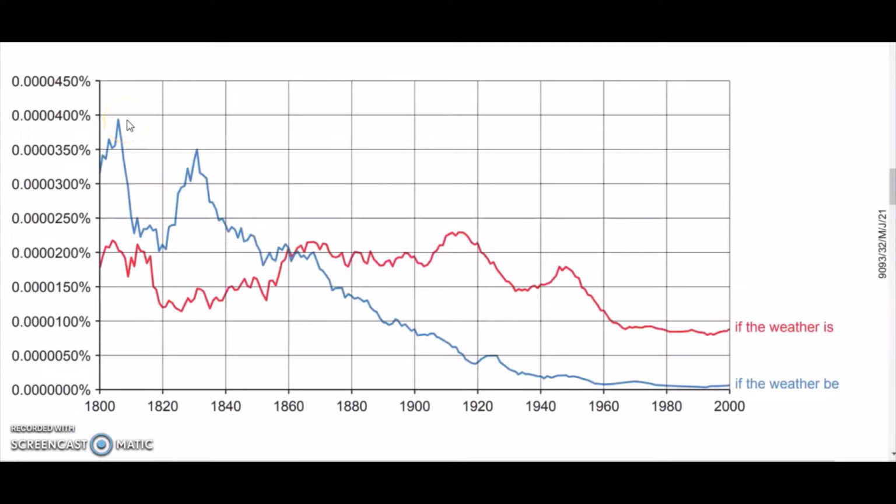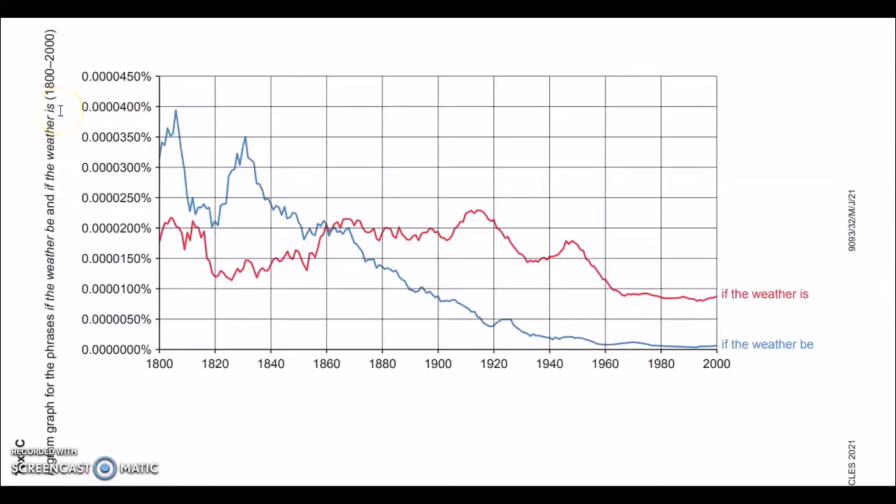There is no need to write a conclusion while you are describing a graph, because here you are just giving the solid reasoning behind the decrease or the increase in the frequency of the words used over the given time period. Start with: the n-gram graph illustrates the frequency of the use of the phrases like if the weather is and if the weather be, used from 1800 to 2000.